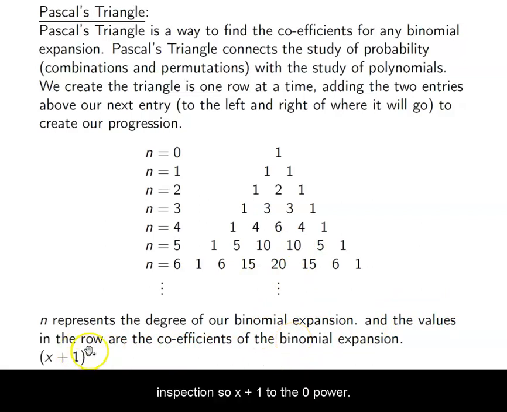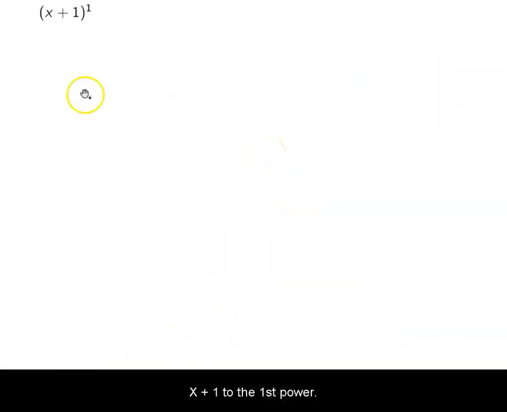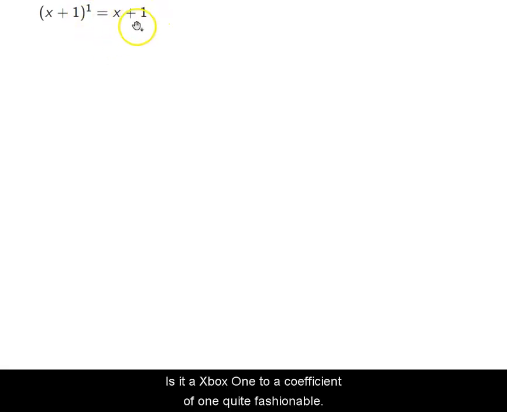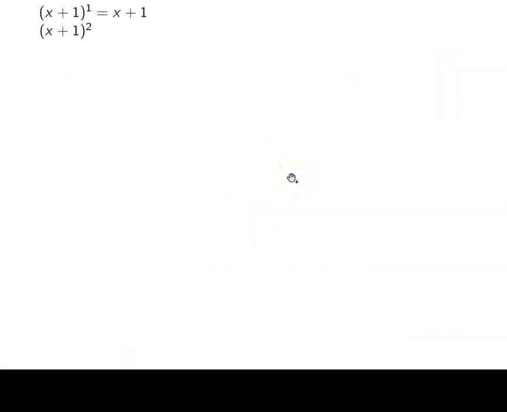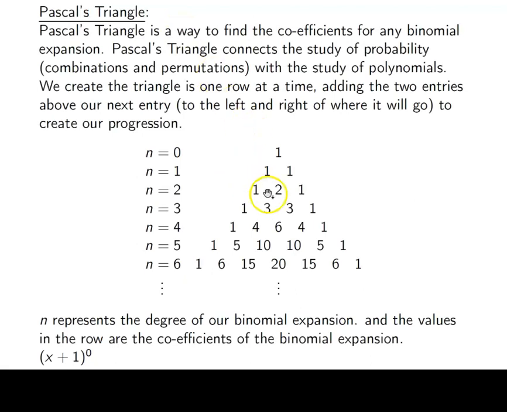So x plus 1 to the 0 power, anything to the 0 power is just 1, right? X plus 1 to the first power is just x plus 1. So a coefficient of 1, coefficient of 1. X plus 1 squared is x squared plus 2x plus 1, or 1, 2, 1.